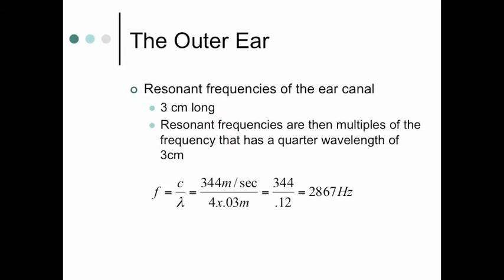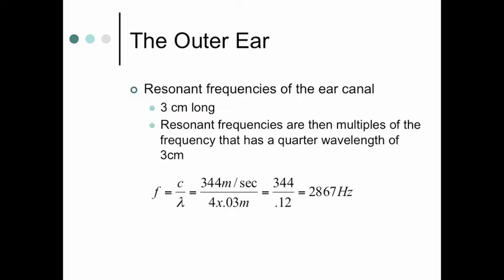So the ear canal, about 3 centimeters long, we can actually calculate what frequencies are going to be amplified by this tube and what frequencies aren't. The tube meaning your ear canal. And if you go through the calculations, we see that 2.8 kilohertz or so is a frequency that actually gets exaggerated by the physical part of our hearing.